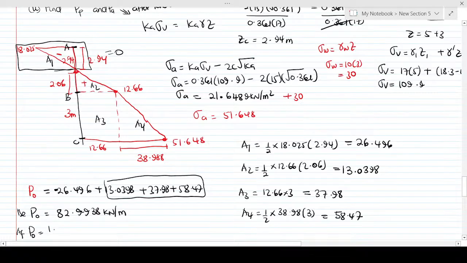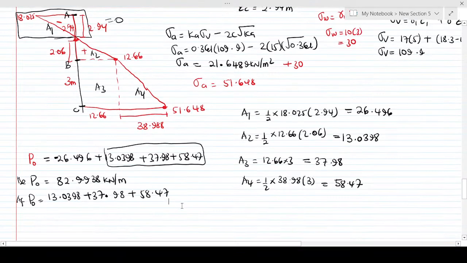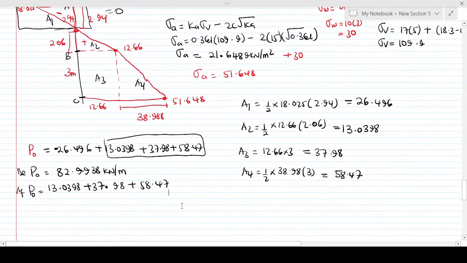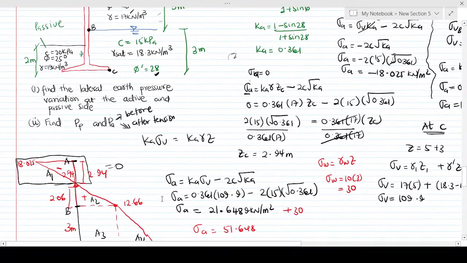And so that's going to give us 13.0398 plus 37.98 plus 58.47, and that will give us 109.4898.